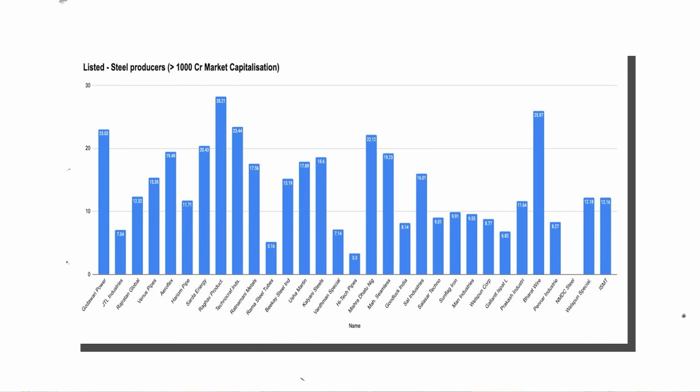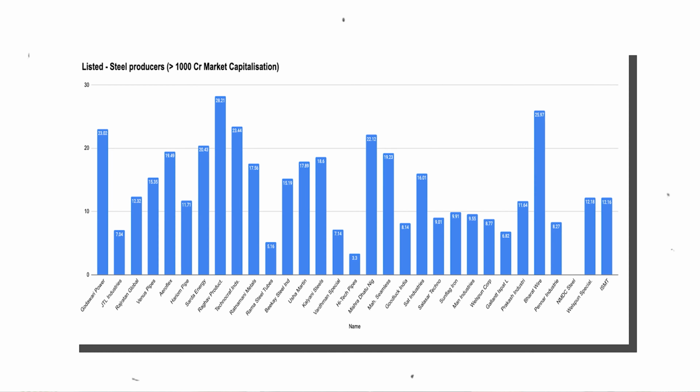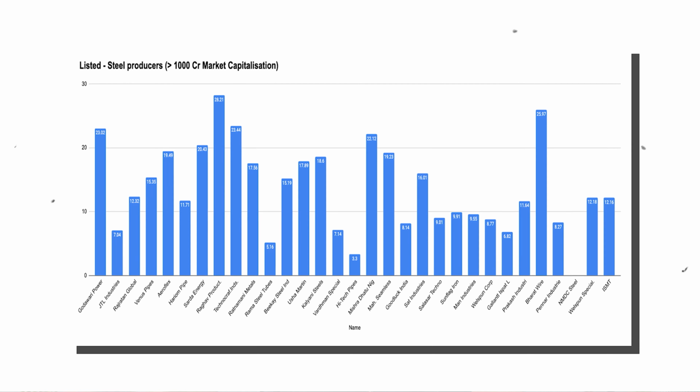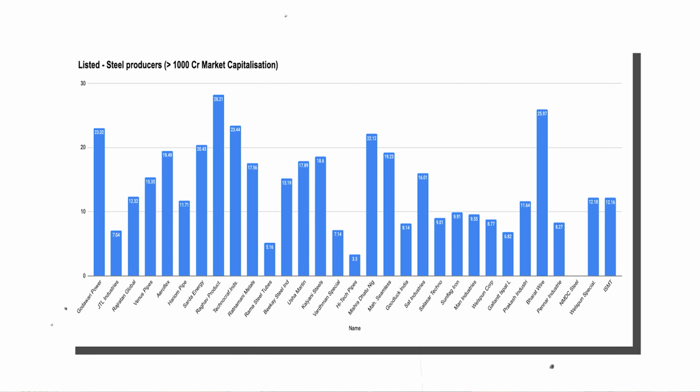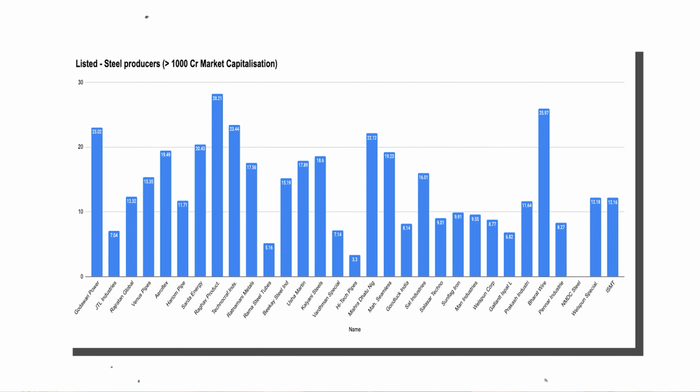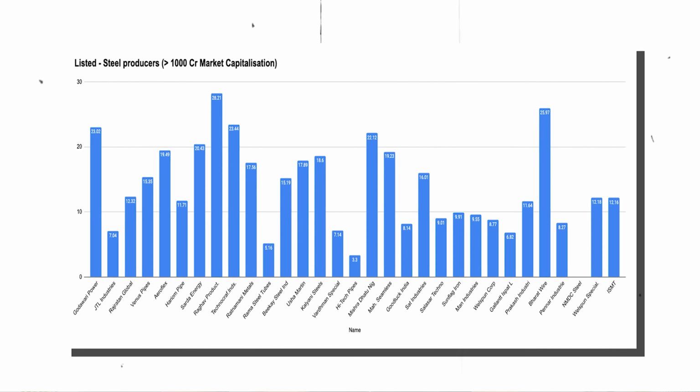Another data point we can look at for operating profit margin is all the companies above 1000 crore market capitalization. There are around 39 companies that I filtered out, and you can see that this current operating profit margin, north of 30%, is highly unusual.